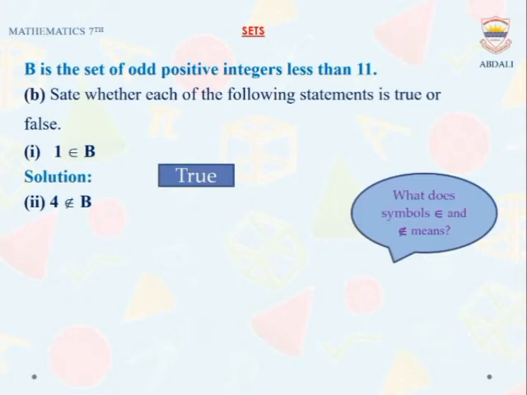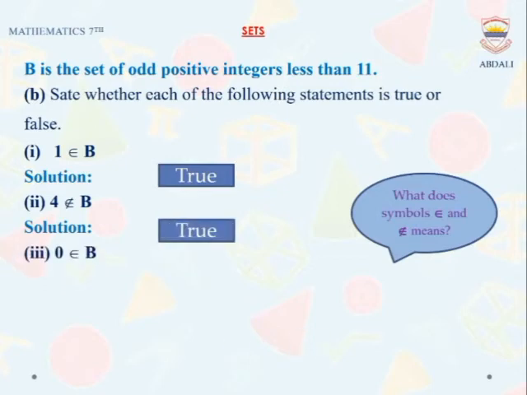Is 4 an odd number? No, 4 is not an odd number. That's why 4 does not belong to B, and here they have written the true statement which is 4 does not belong to B. So our solution is true.